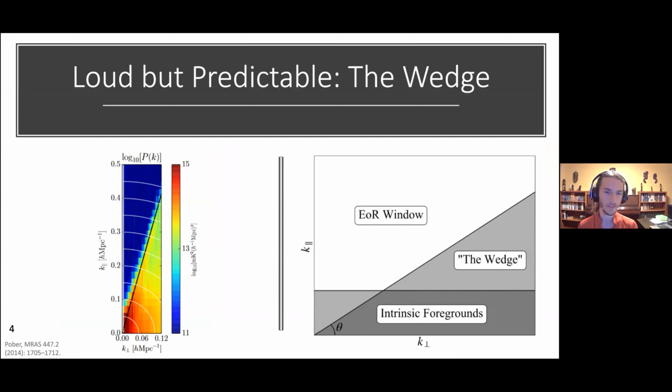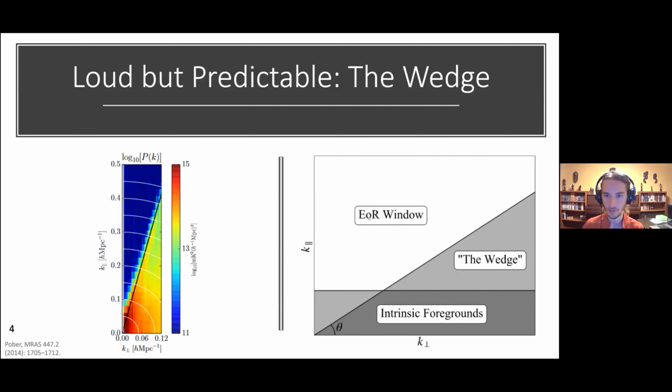Lucky for us, this foreground is predictable. This is a really great figure from a Pober paper, 2014, which shows us in cylindrical Fourier space the blueprint, or the footprint, of the galactic emission.